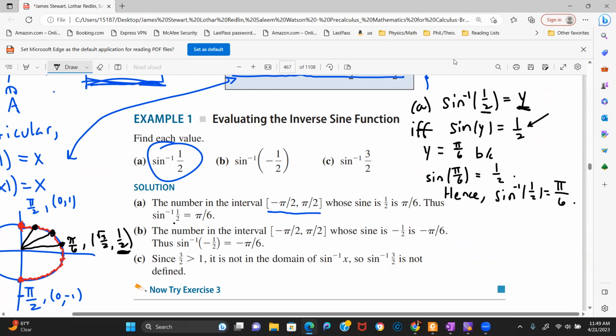Then you can figure out what y has to be by using your unit circle, and you know all the t values are going to be in this red region, on this red arc. So you need to look at pi over 6, this one here is pi over 4, this one is pi over 3. And then you have these down here: negative pi over 6, negative pi over 4, and negative pi over 3.